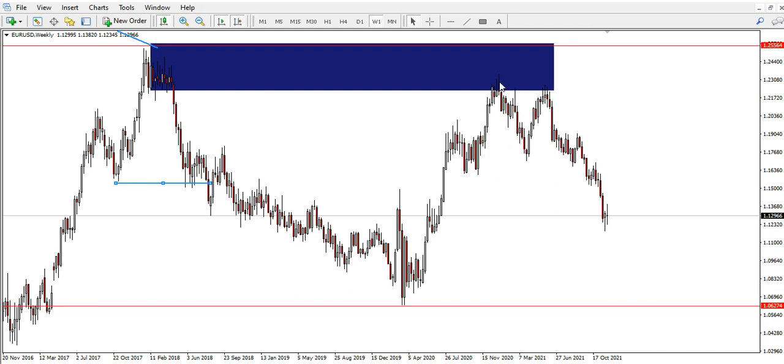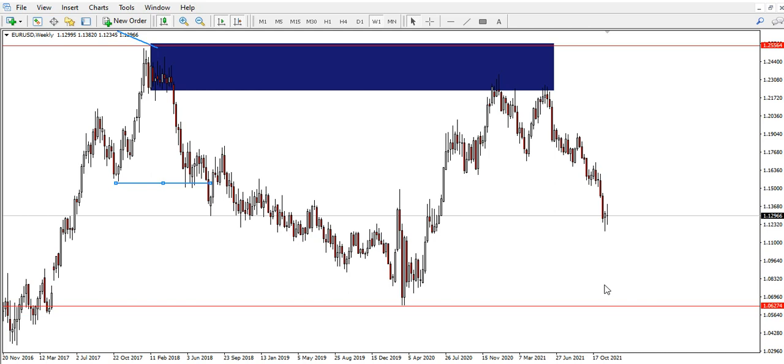Price came to mitigate this bearish order block, and I hope it's now clear to everyone where price is going. Price is coming down here. EURUSD is going down to 1.06274. That is our next point of interest.